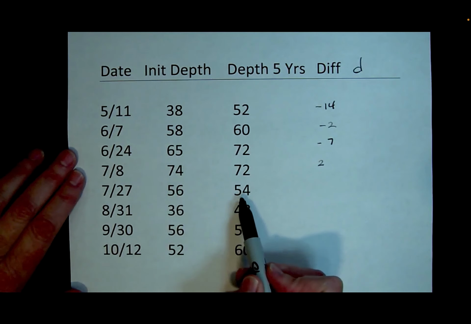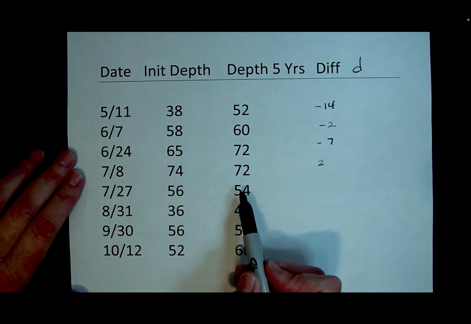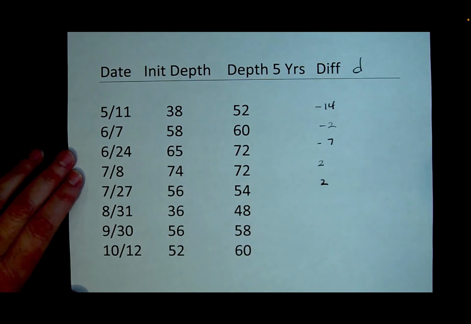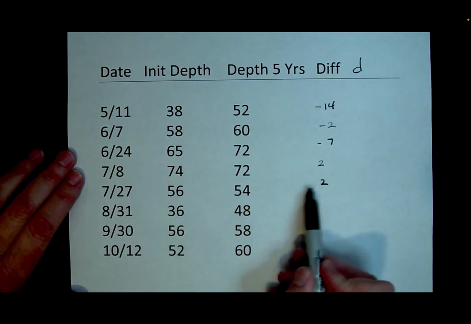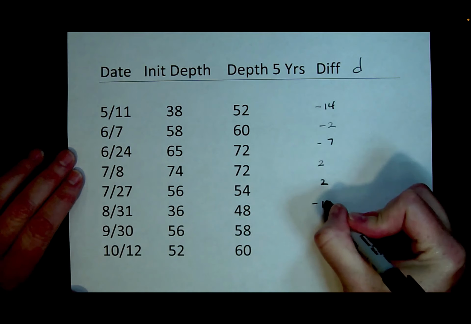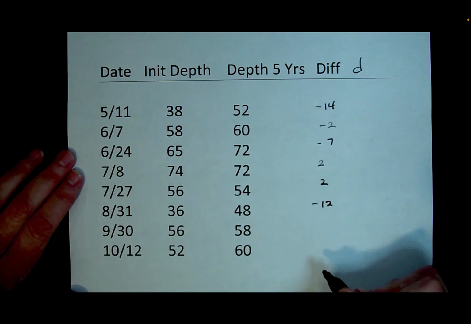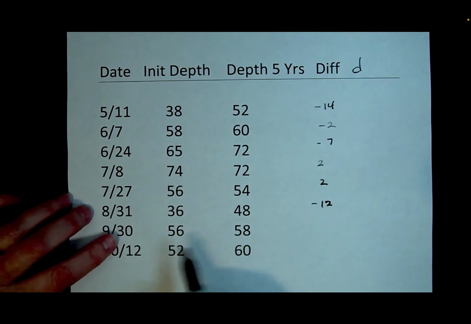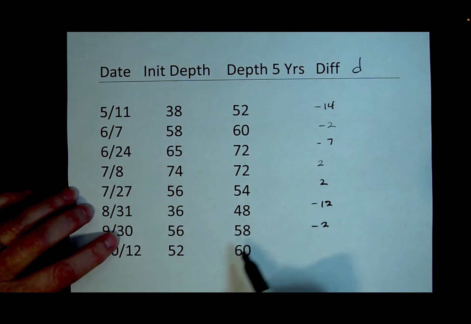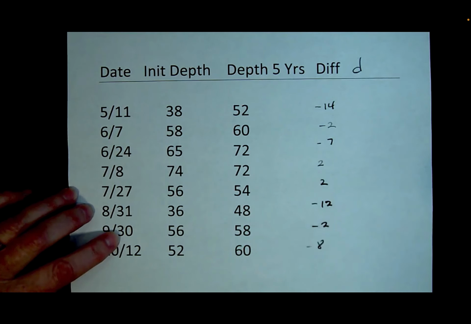56 minus 50, 56 minus 54 is also 2. And then 36 minus 48 is negative 12. 56 minus 58 will be a negative 2, and 52 minus 60 is negative 8.